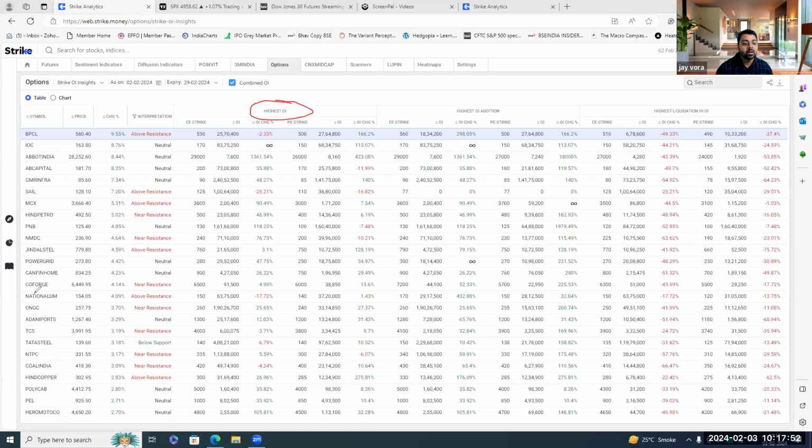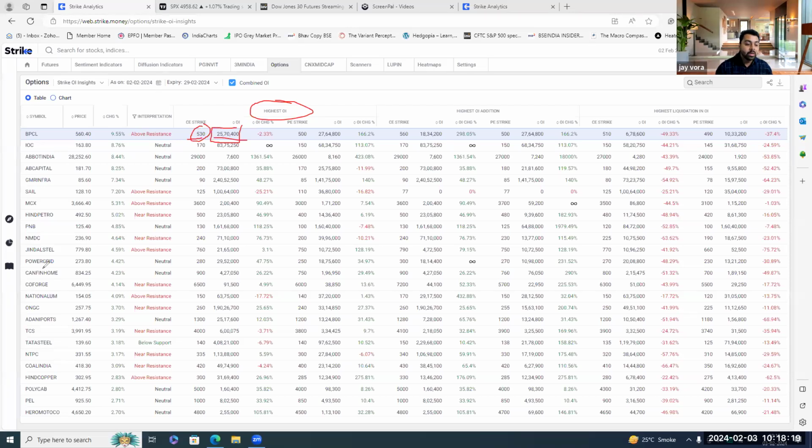When we look from a seller's perspective, if there is a high open interest at a certain level, it is telling us that the call sellers feel the prices should not go above that particular strike. Which means that strike is going to act as a resistance in the near term.